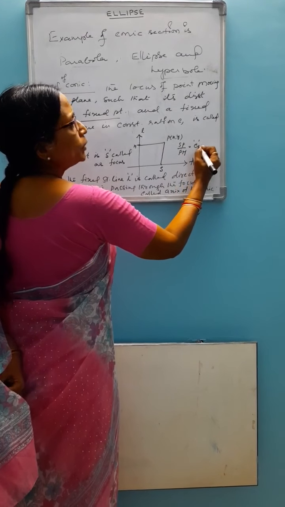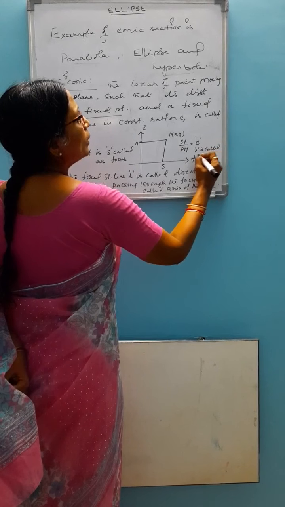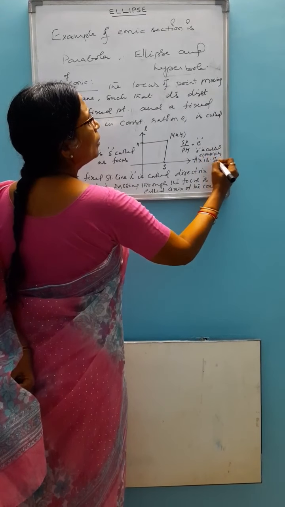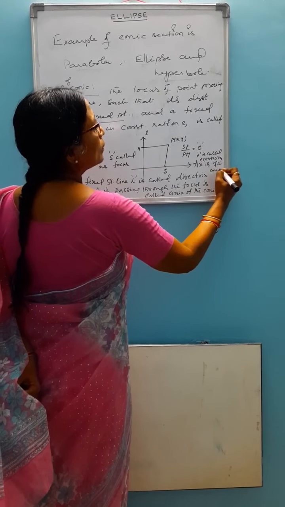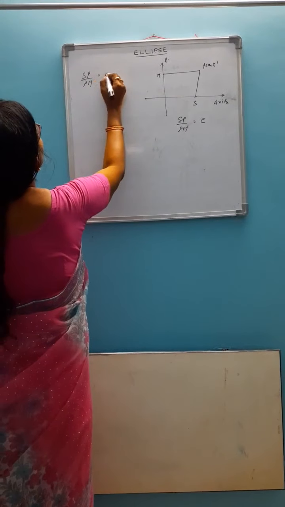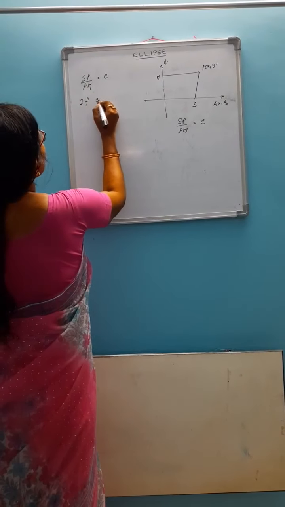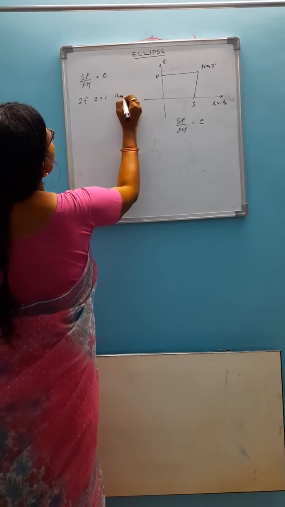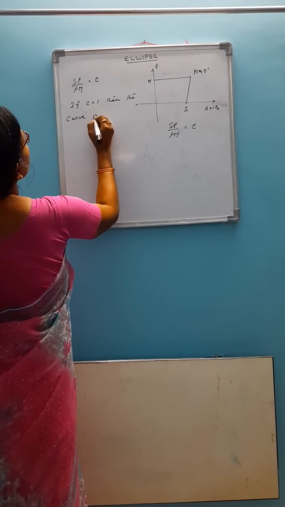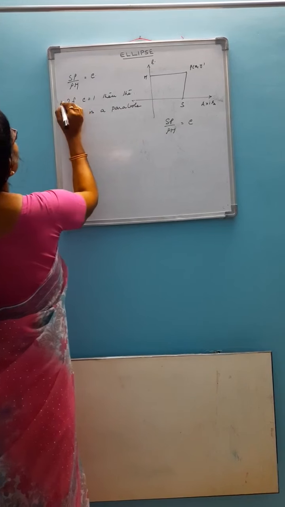This constant ratio e is called the eccentricity of the conic. If e is equal to 1, then the curve is a parabola.